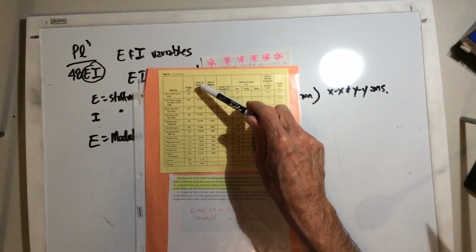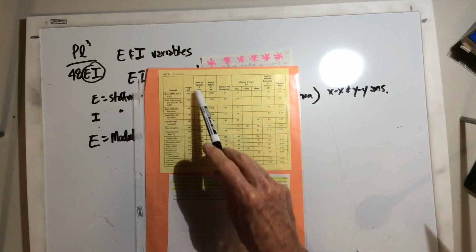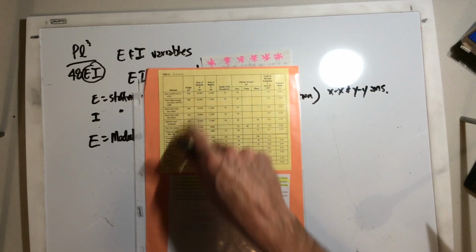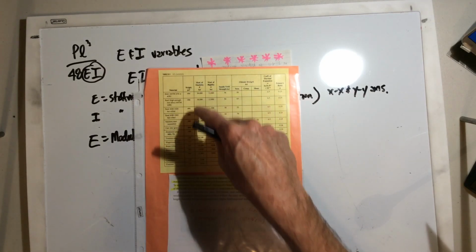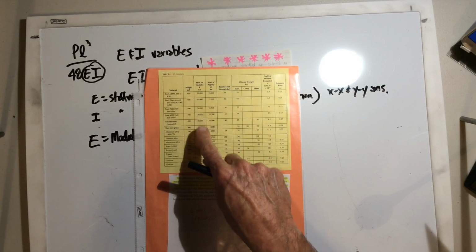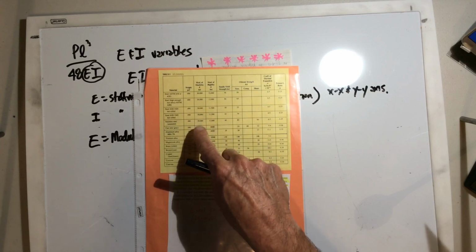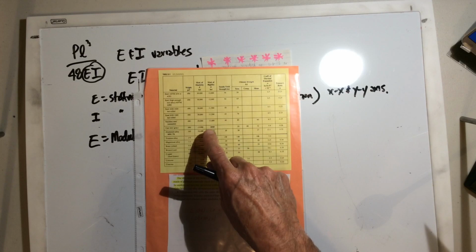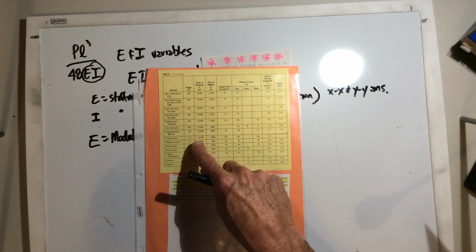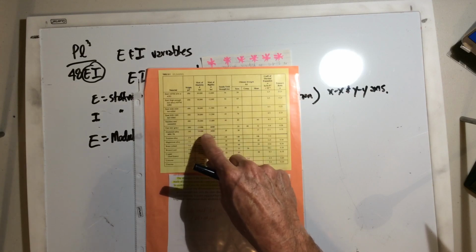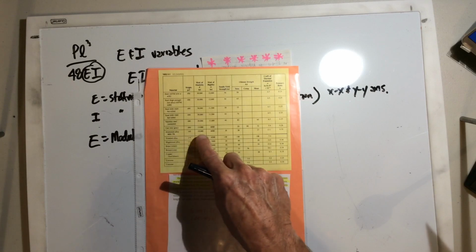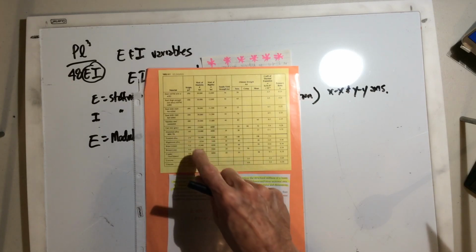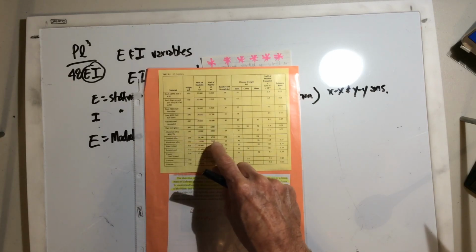in kips per square inch. Steel is at 30,000. You may not be able to read that, but this is 30,000. Stainless steel is a little bit less, again about the same, 29,000. Cast iron is a lot less at 15. Aluminum is only 10. Titanium is up at 16.5.